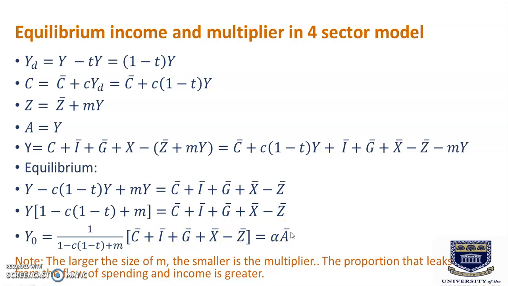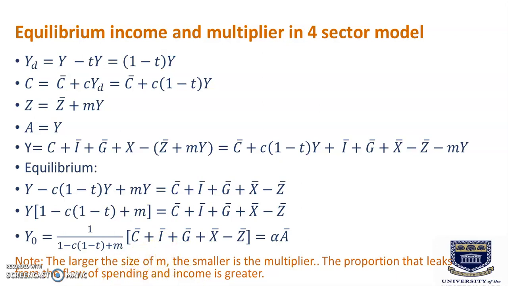So our equilibrium level of income, Y0, can be calculated by saying the multiplier multiplied by the total autonomous components of spending. Take note, the multiplier now has a new term M, the marginal propensity to import.